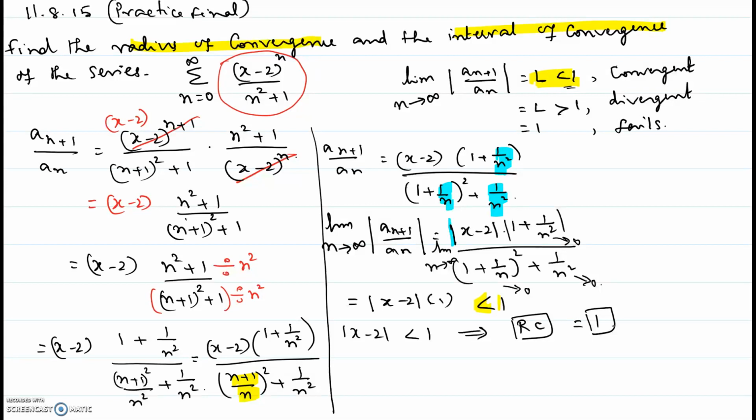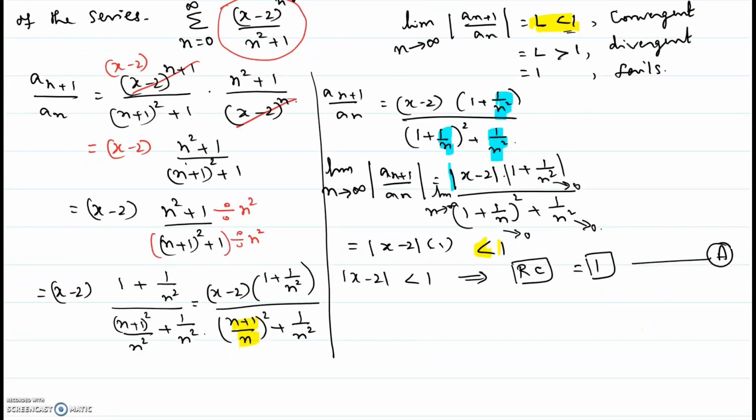We have to do the interval of convergence, which is the second part of the problem. Right now we know the absolute value of x minus 2 lies between negative 1 and positive 1. So x lies between, if you move the 2 to the other side, 1 and 3.